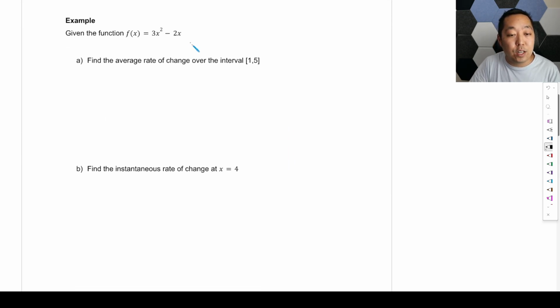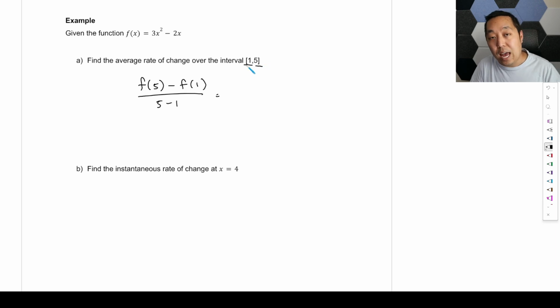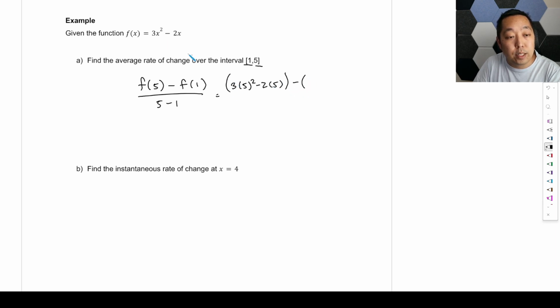So given this function, let's find the rate of change from 1 through 5. Okay, so then this would be f of 5 minus f of 1 over 5 minus 1. It would be that secant line slope. And average rate of change is always going to be given by an interval. So you're going to plug in 5 to get f of 5, minus, and then plug in 1, 3 times 1 squared, minus 2 times 1, all divided by 5 minus 1, right?